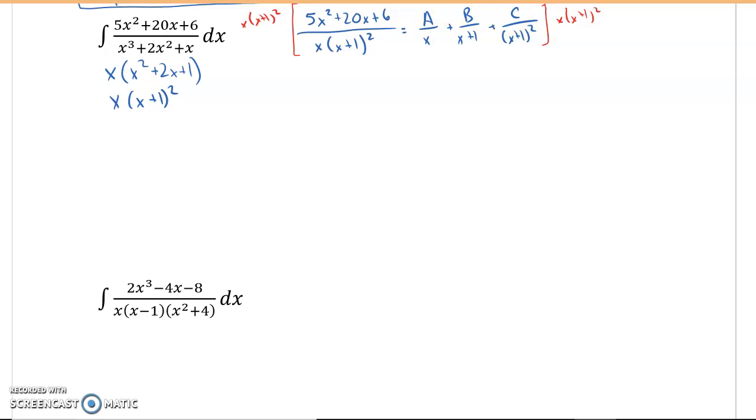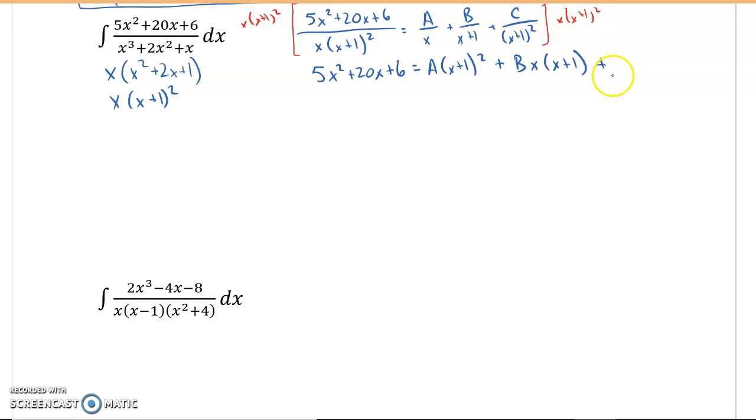And that's going to get rid of all of the fractions and give us a cleaner equation to work with. A over x, the x's cancel out, so we have A times x plus 1 squared. For the B fraction, the x plus 1 cancels out. We still have an x. We still have another x plus 1 because there were two and one of them canceled out.